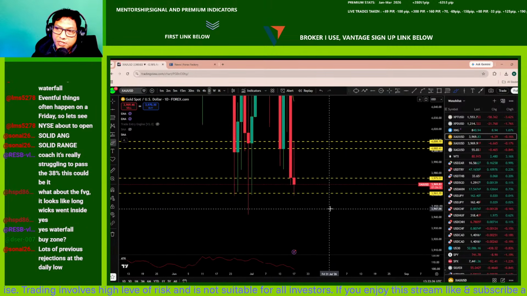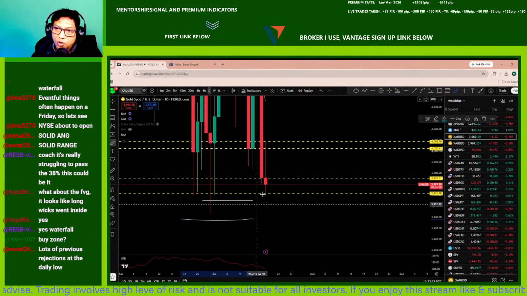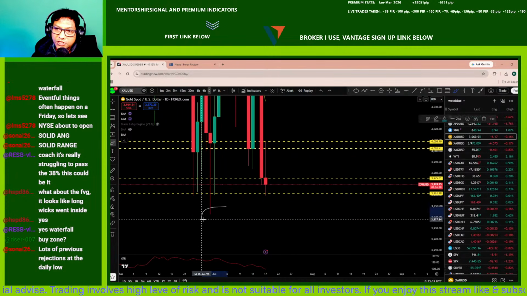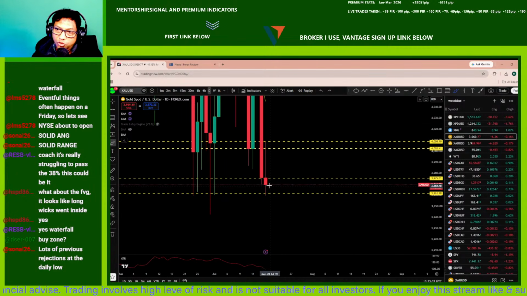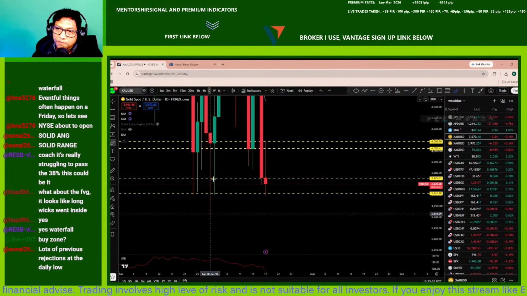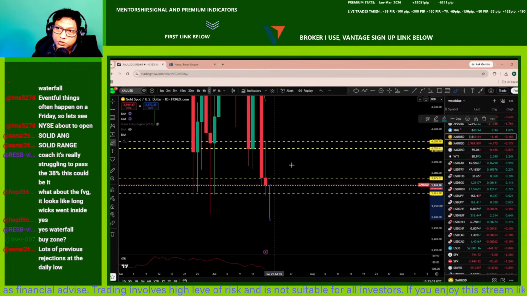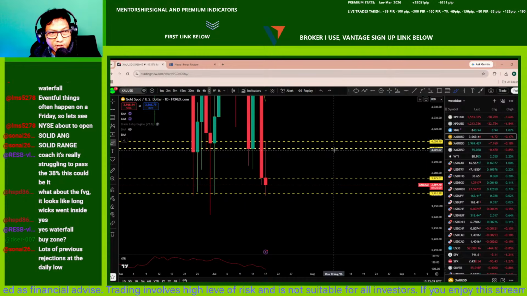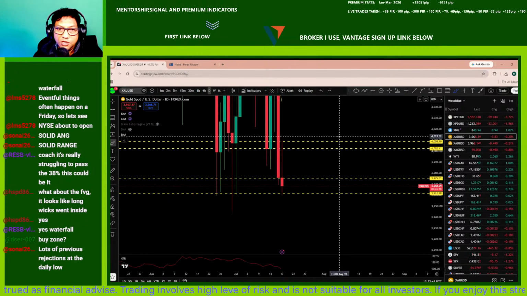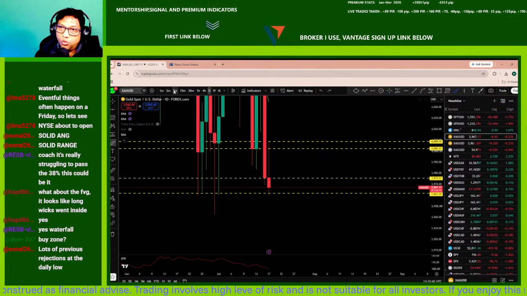Now below this daily low, this long wick is in fact, rather than rejection, an imbalance to fill. That means there was a buyer here, now we could see the seller coming. So that potentially could act as a wick fill.